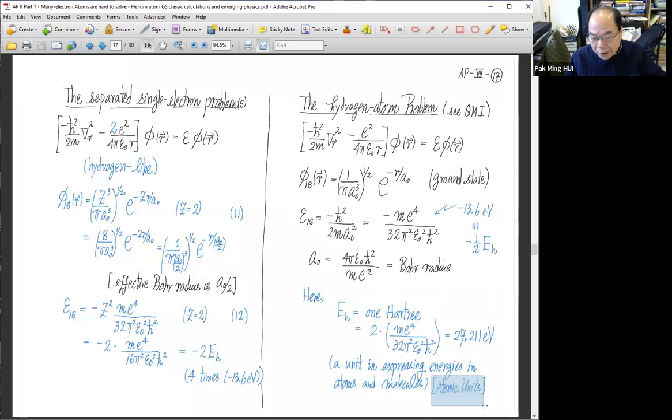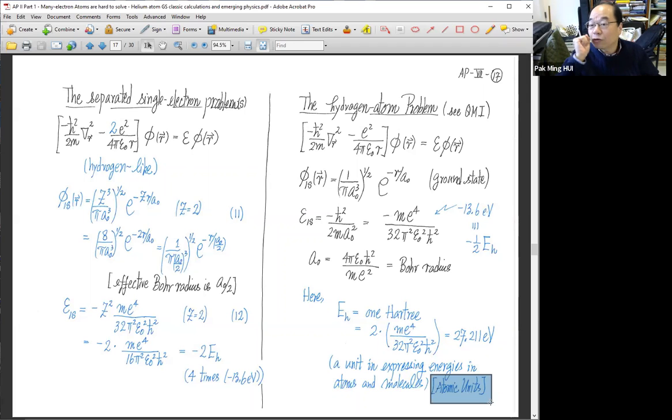The half Hartree is a very commonly used unit in atomic and molecular physics. It belongs to a system called the atomic units. I have an appendix, 2 pages about this point. Basically, it's the following. After you solve the hydrogen, you have a length scale, the Bohr radius. If you measure distance by the Bohr radius, and then you have an energy scale, which is the hydrogen ground state. But for the purpose of atomic physics, it's better to define something called 2 times the ground state energy.